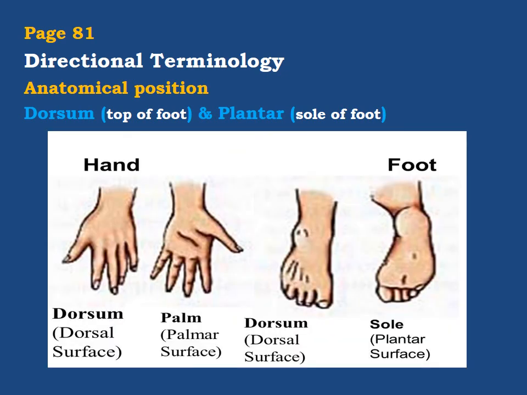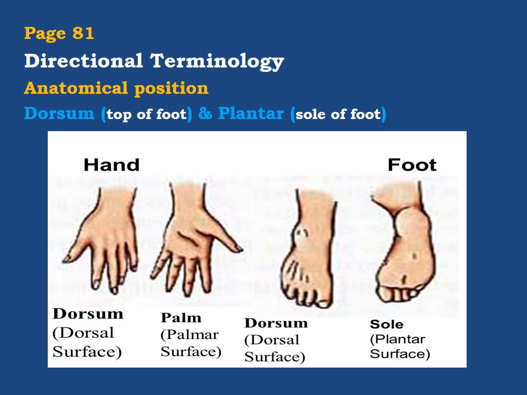This is another figure to show the meaning of dorsum and plantar. And as you can see here, it can be used not only for the foot, even for the hand, it can be used to describe the hand. So dorsum regarding the hand means the dorsal surface, the upper surface, the top surface of the hand.